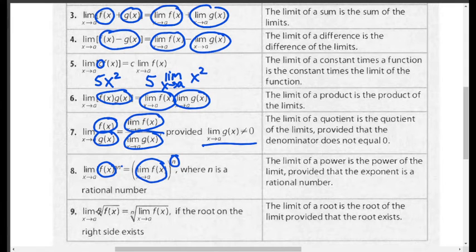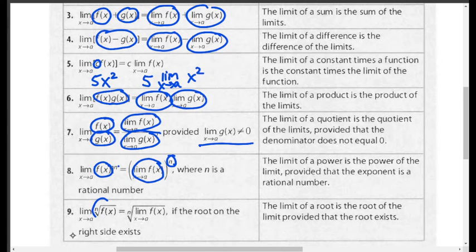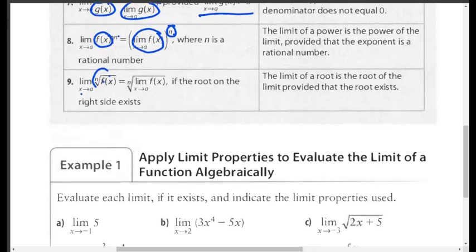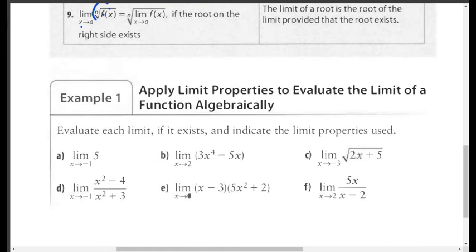Similarly, if the power is a fraction, a rational number, then you're really going to have a root. The limit as x approaches a of a square root of some polynomial, you can evaluate the limit of the radicand and then take the nth root. So just some limit properties that may come in handy later on.